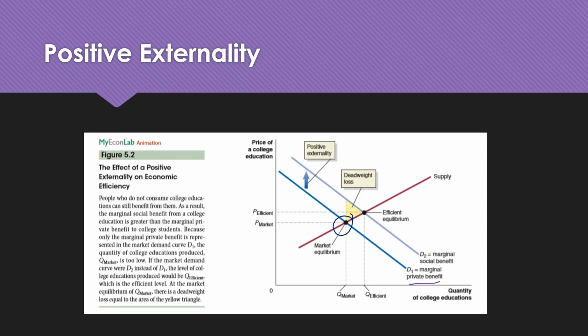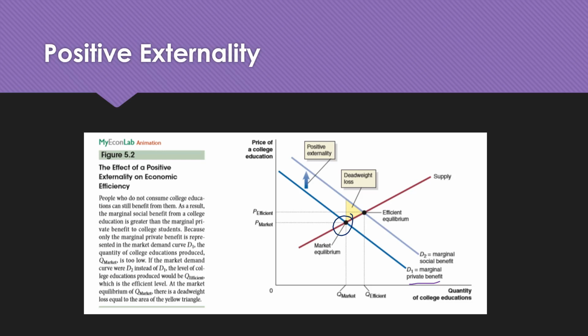There's a bunch of benefits, as I mentioned before, that society receives from you going to school. And when that's the case, you have to factor in that if we were to actually capture that external benefit, and we actually had individuals privately paying for the benefit to society in addition to the benefit that they get for themselves, then we would actually be operating at D2, the demand curve, the marginal social benefit curve, and we would operate at that efficient equilibrium.